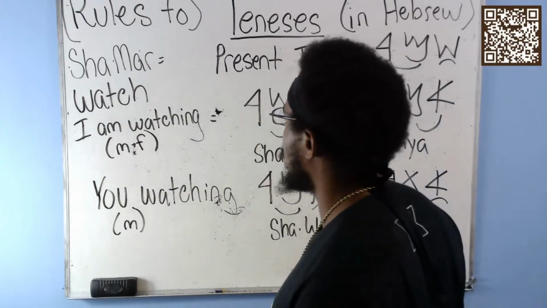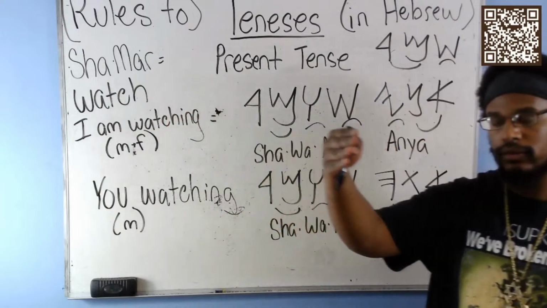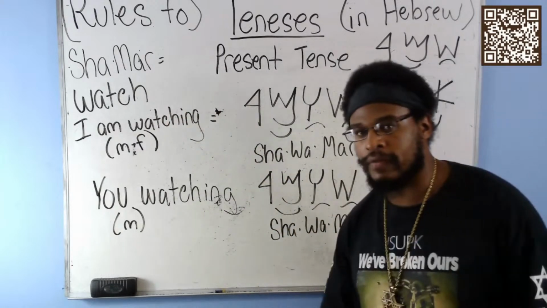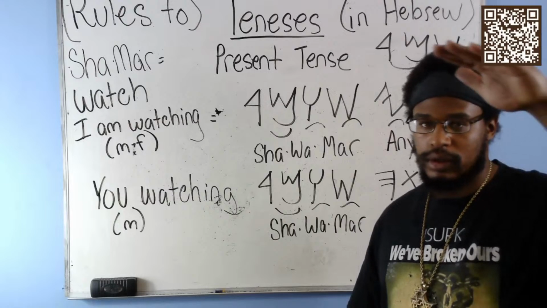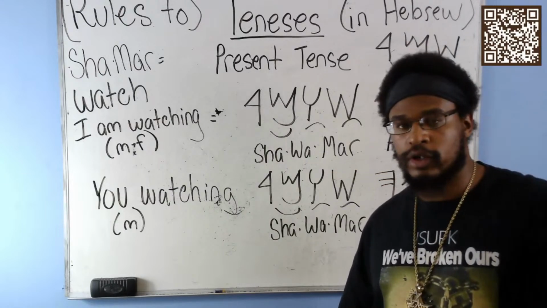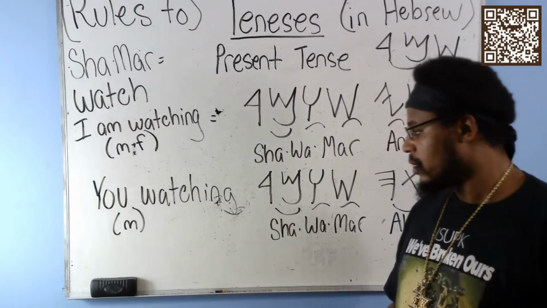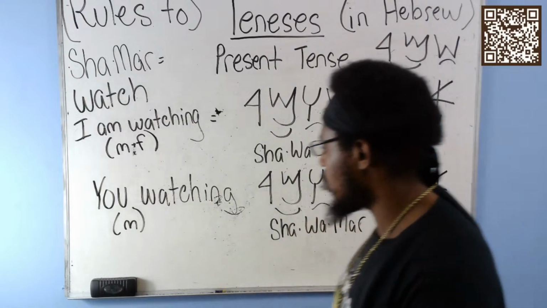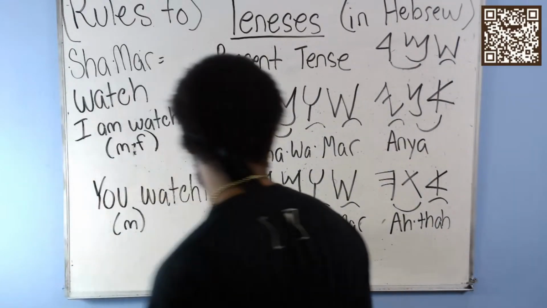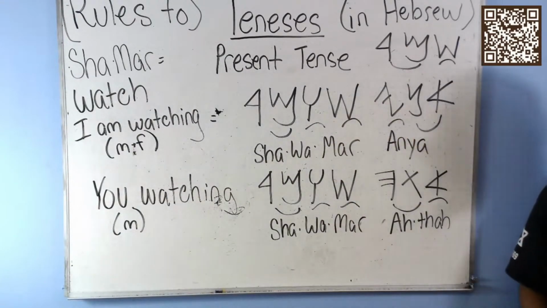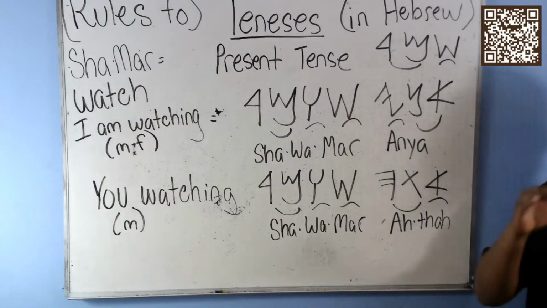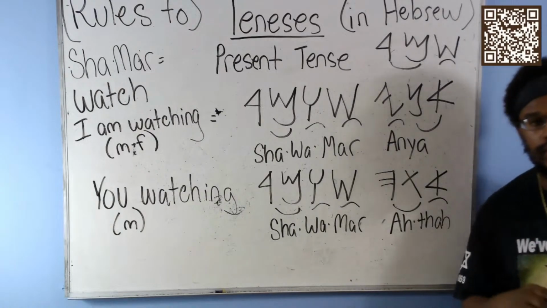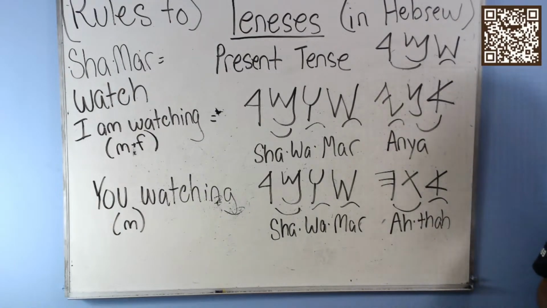So we have first person, which is I. First person singular is I, and first person plural is we. I'm gonna say it, and I'm gonna write it down.